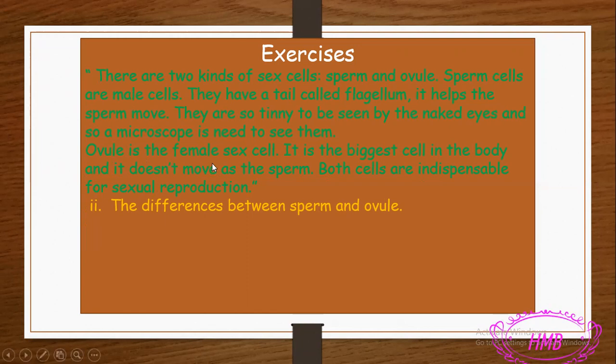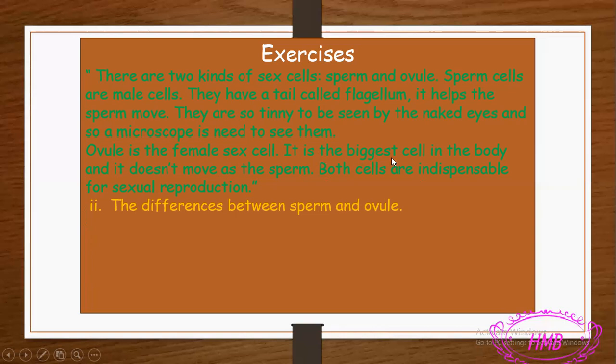Ovule is the female. So the first difference I found is that sperm were male while ovule is a female. And always focus on the connector. We don't write, for example, sperm is male, full stop, ovule is female. That's wrong. You should connect both sentences. We write sperm cells are male cells while, or you can say but, or however, ovule is the female sex cell.